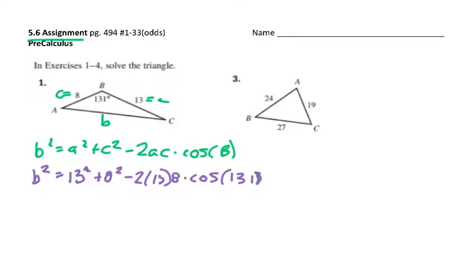Alright, so if we break this into pieces here, we can actually make B squared equal to the sum of, let's see, 13 squared is 169, 8 squared is 64, and then we have 2 times 13 times 8 times, make sure you're in degree mode, cosine of 131.